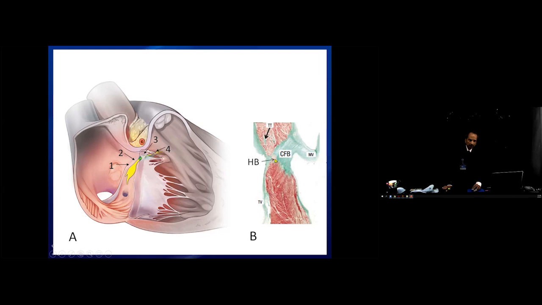One thing that's worth noting here is that the separation actually occurs relatively leftward. The left bundle is the natural continuation, and then we have the right bundle that will partly traverse through muscle and then come out on the endocardial surface.